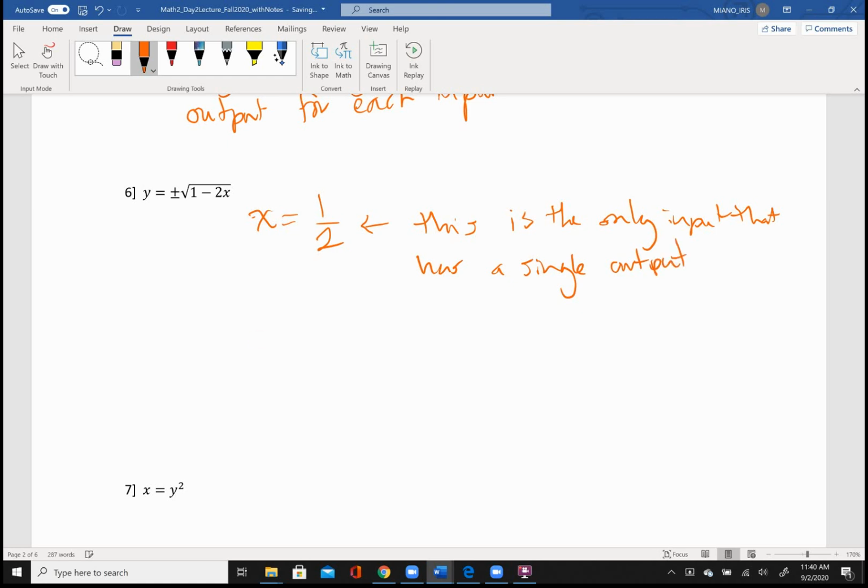Otherwise, you get 2 real outputs for every input, or 2 imaginary outputs, which is something that we'll get into in much more detail later. So I'll say otherwise there are 2 outputs for every input, therefore not a function.